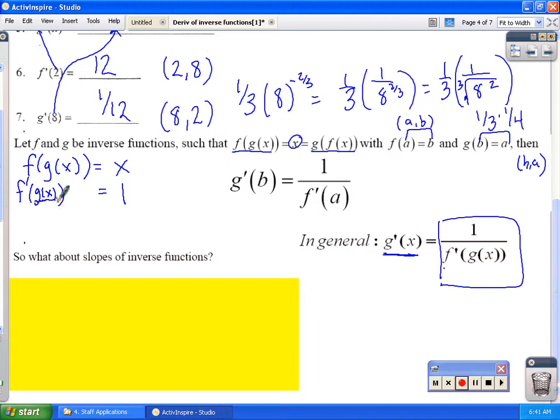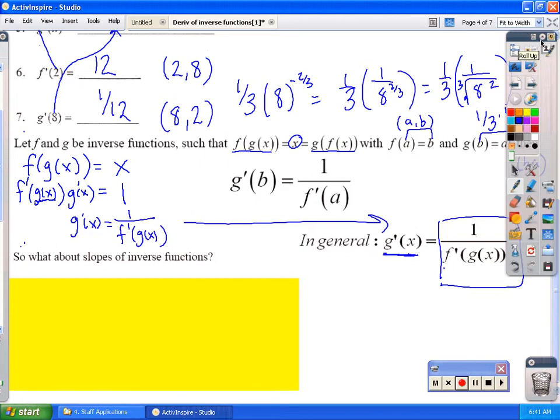The inside is g of x, so I get g prime of x. Therefore, if I want to find g prime of x, which is the derivative of the inverse, it's equal to 1 over the derivative of the original function of g of x. So that's where that formula comes from. It's not just random.